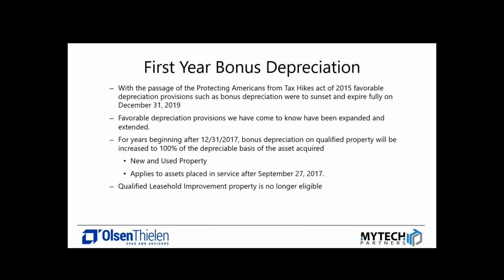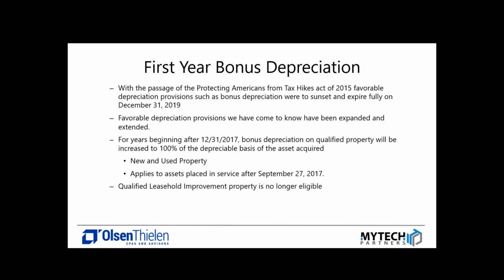So it's different than 179. Section 179 allows you to write off up to a certain dollar amount the cost of certain assets, whether new or used, and now bonus depreciation allows you to write off 100% of the amount of new or used property. They kind of mirror each other, but the difference is that qualified improvement property is no longer eligible for bonus depreciation, and bonus depreciation is on a class-by-class basis.